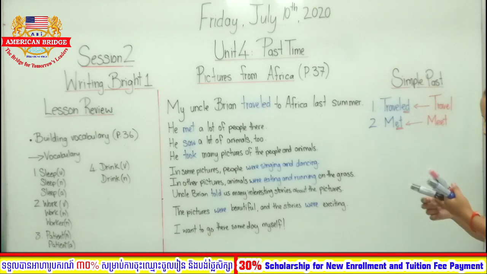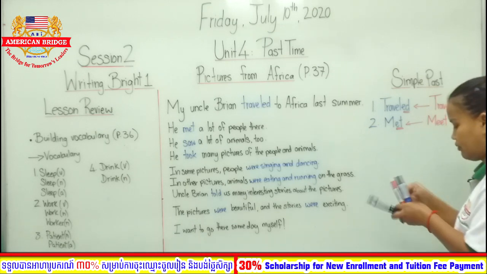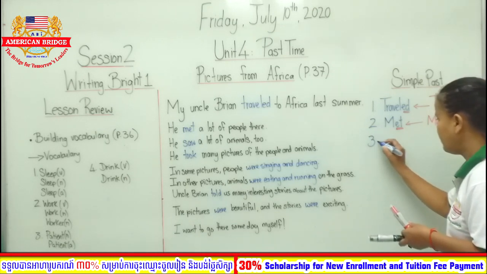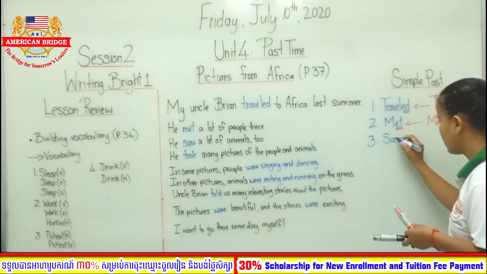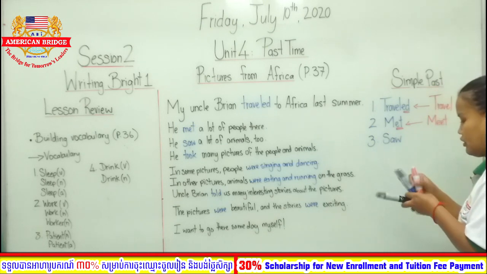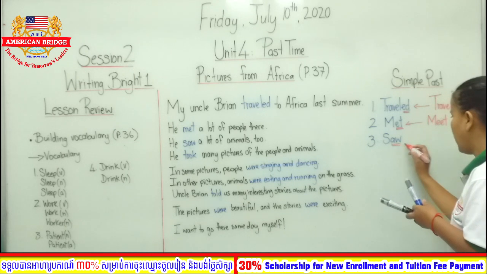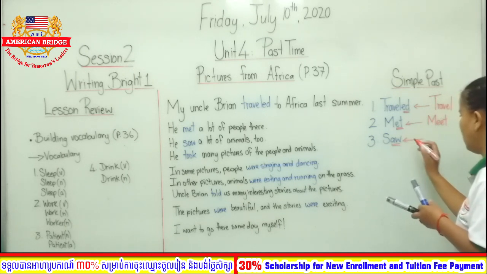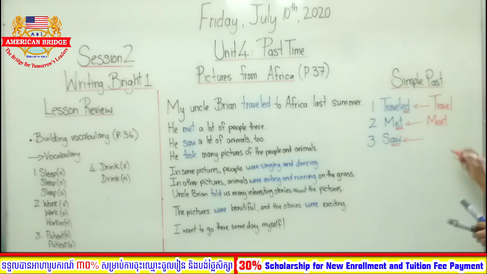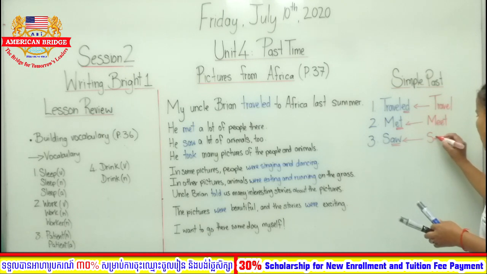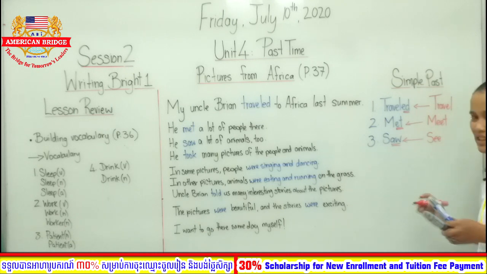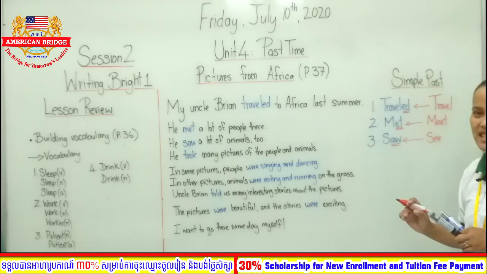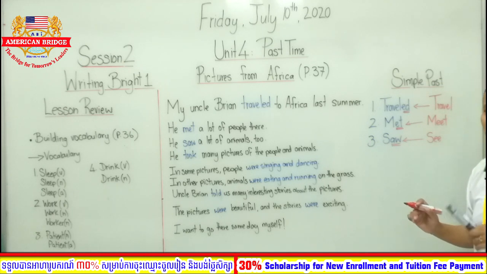Number 3, saw. What is saw? See. I saw. I see. Okay? Yesterday I saw my mother in the market. Today I see a lot of people at the market.